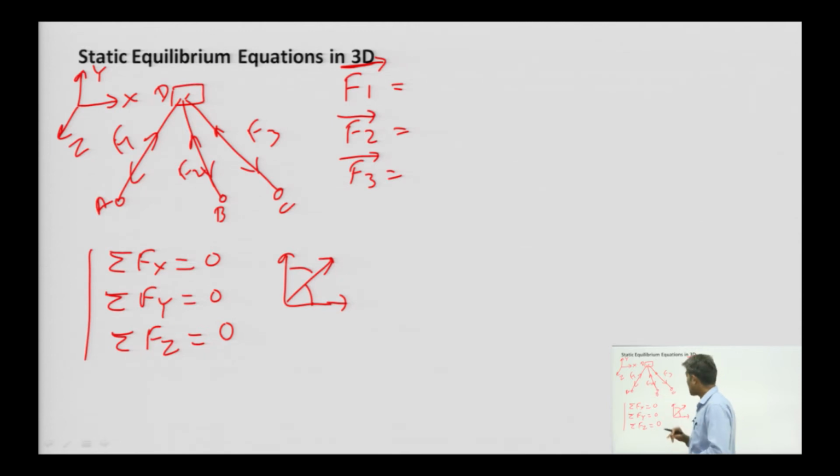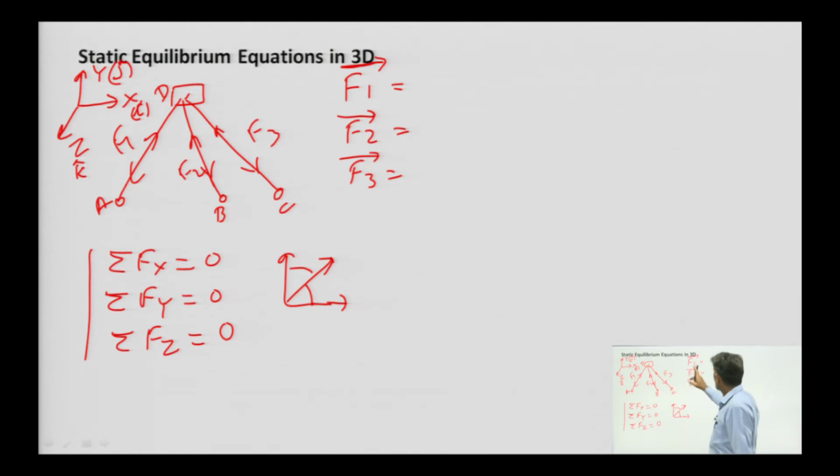Since it is in 3D, the unit vector along the x axis is i, along y it is j, and along z it is k cap. Okay, that we know very well. So, with the help of vectors, we can represent these forces.